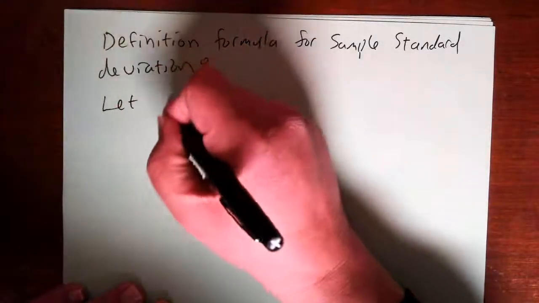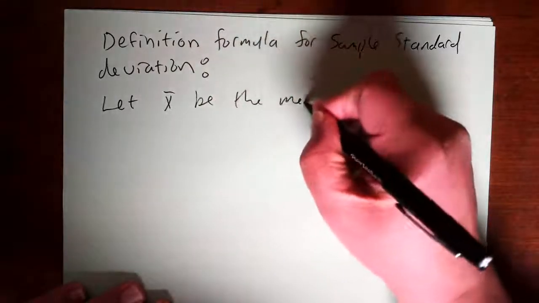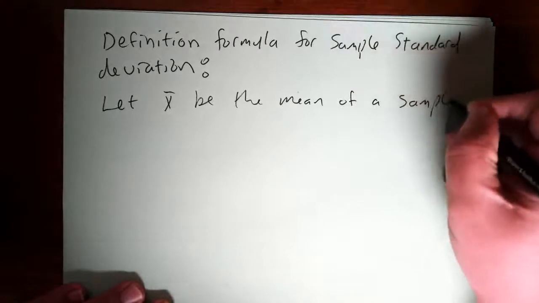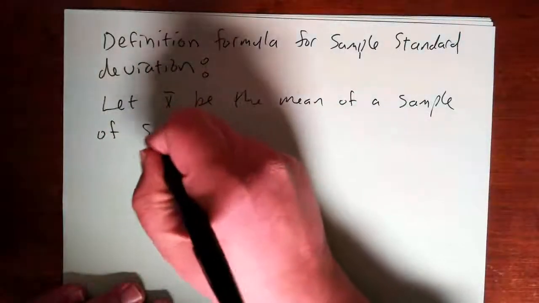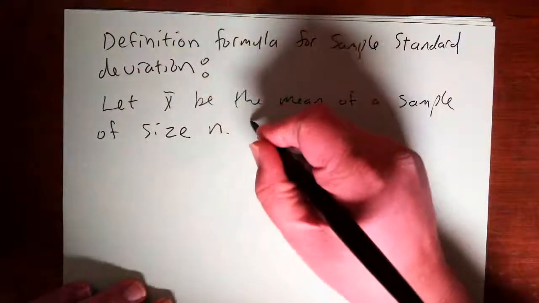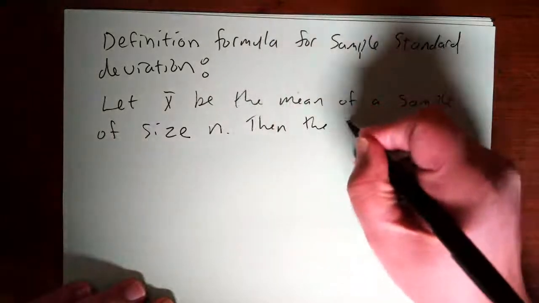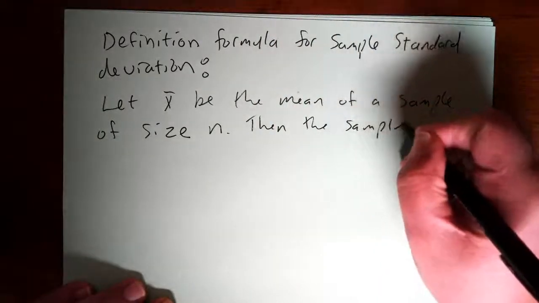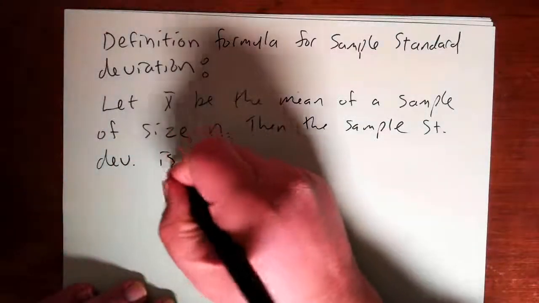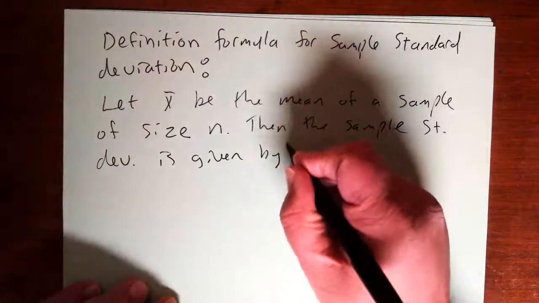So we're going to let x bar be the mean of a sample of size n, then the sample standard deviation is given by the following formula.